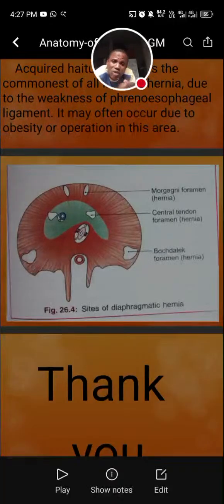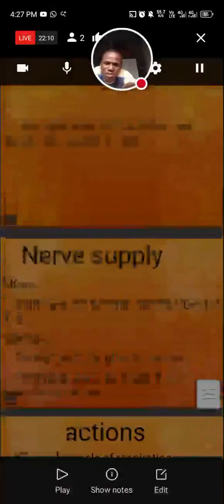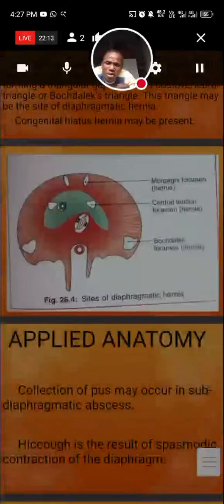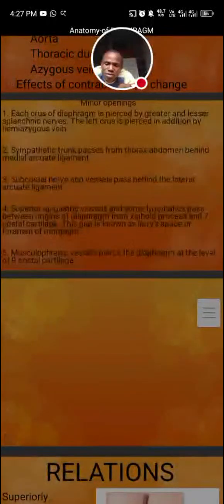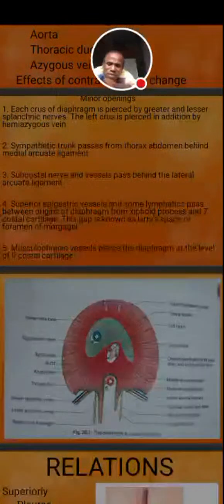Moving on, the next concept is the diagram. You can see this is a typical diagram of a diaphragm. You can also sketch another one, because you don't study only one material, where you have the mediastinum. This one has more labels, at least 5 to 10.